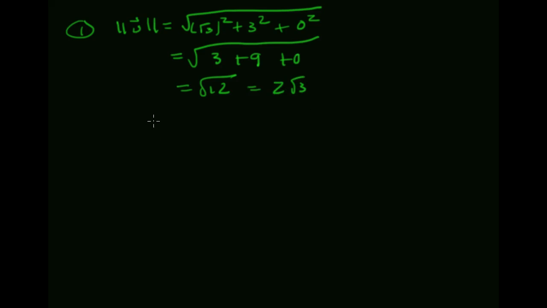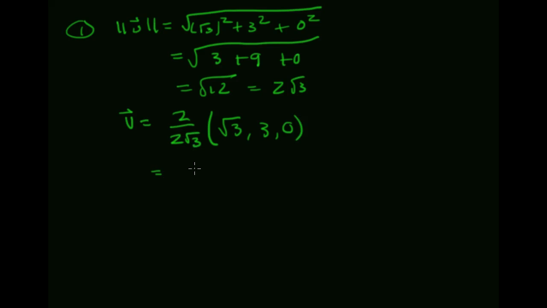This means that v should be the u vector divided by its magnitude, 2 radical 3, times 2, because that's the magnitude we want. So this is times the u vector, which is 3 radical 3, 3, 0.